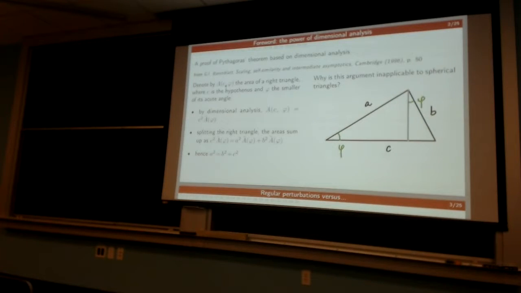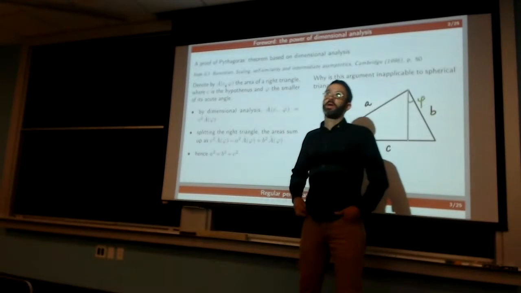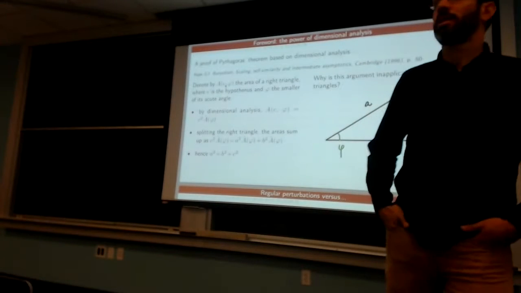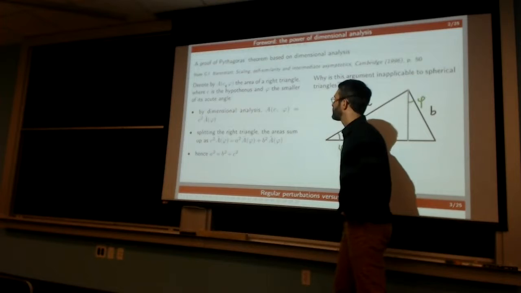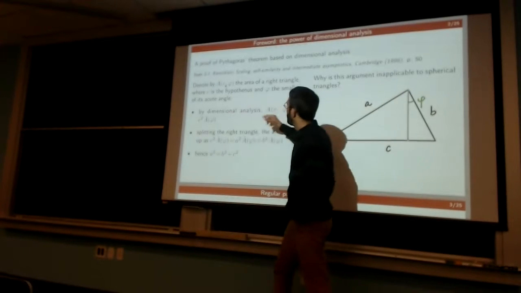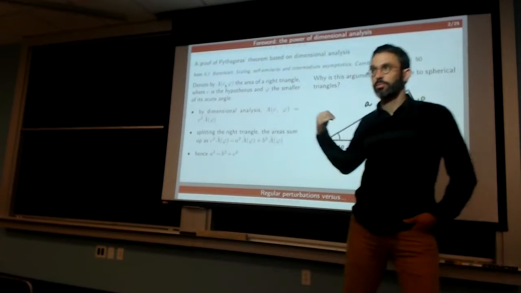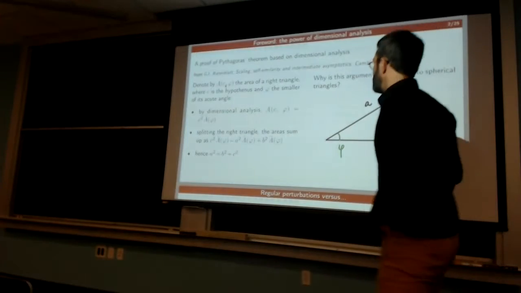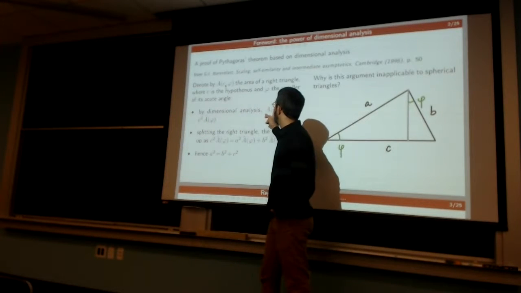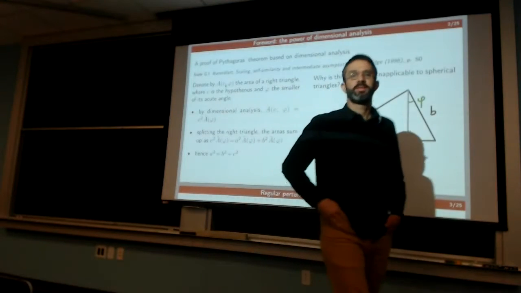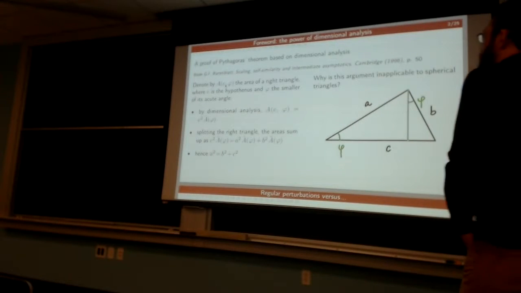So in particular, the area A should be a function of this C and phi. And by dimensional analysis, just because the area is measured in squared meters, for instance, the area must be written as C squared times a function of phi. Okay, I can prove that, it's quite easy, but this is the only way that you can make the area scale like meter square or change as you want when you change it.